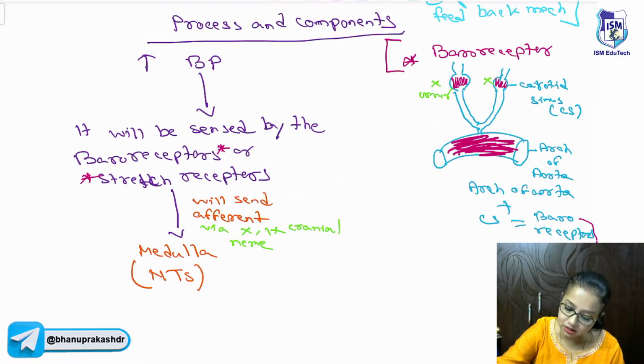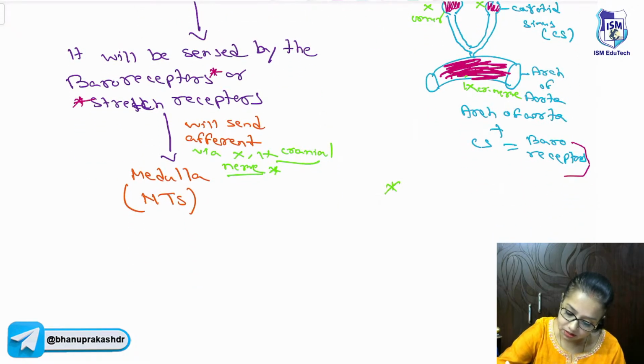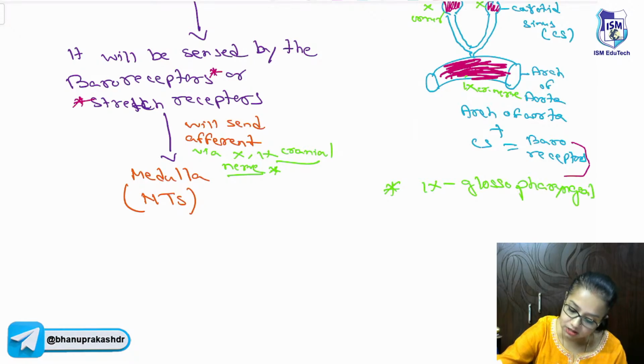In this context, what we have to remember is that the 9th cranial nerve is the glossopharyngeal nerve and the 10th is the vagus nerve.